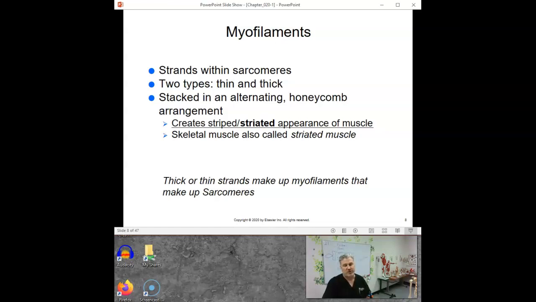That was a long story to explain why they call skeletal muscle striated. Cardiac muscle is also striated too, but it's a different type. But skeletal muscle is striated muscle. That's a very common way to talk about it. And it means striped. But it's striped because these thin and thick filaments that are little hair-like things inside the sarcomeres are the key to them being able to contract. That's why you have striated muscle.